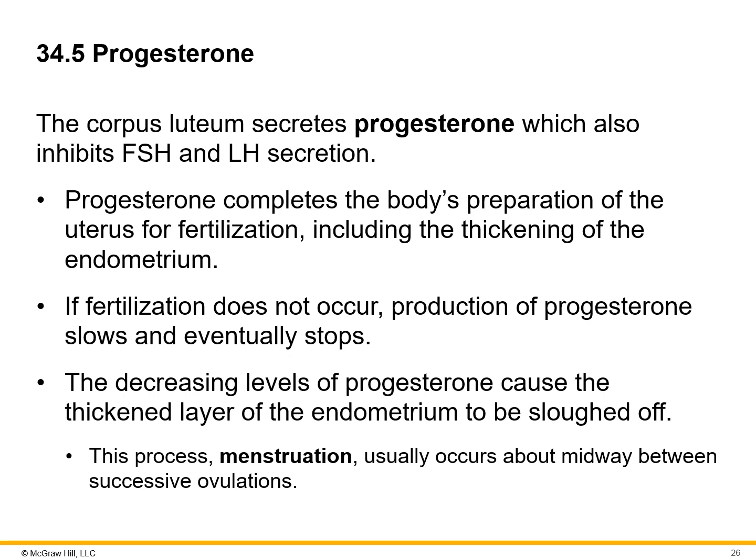Okay, then another hormone here, progesterone, gets secreted by that corpus luteum, and that also is going to inhibit the secretion of follicle stimulating and luteinizing hormones. Progesterone completes the body's prep for fertilization. That also includes the thickening of that endometrium, the lining of the uterus.